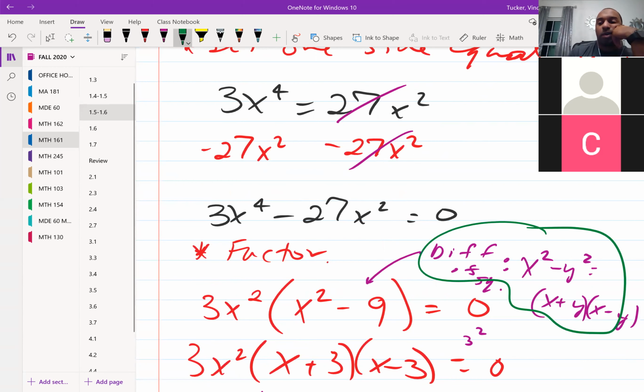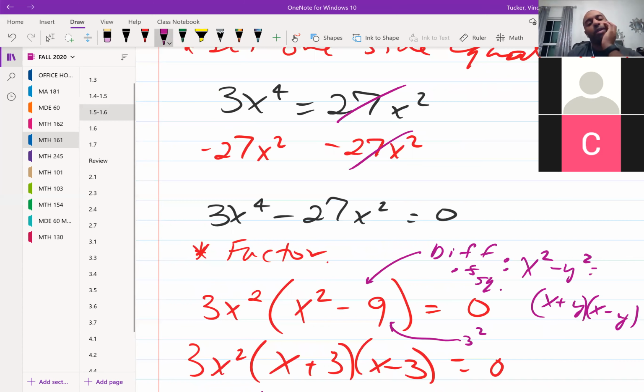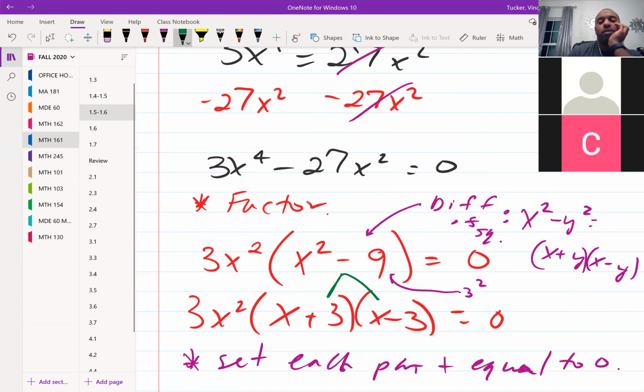X squared minus y squared is going to be equal to x plus y, x minus y. And that 9 is 3 squared. So we have x squared minus 3 squared. And so x squared minus 9 gives us those two quantities. So now we have 3x squared, x plus 3, x minus 3 equal to 0.